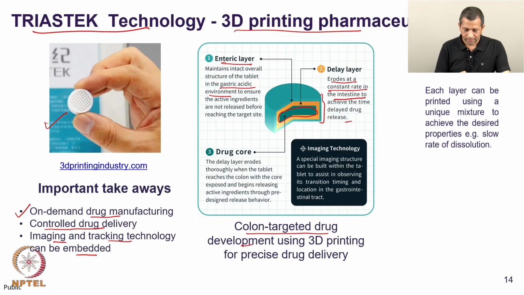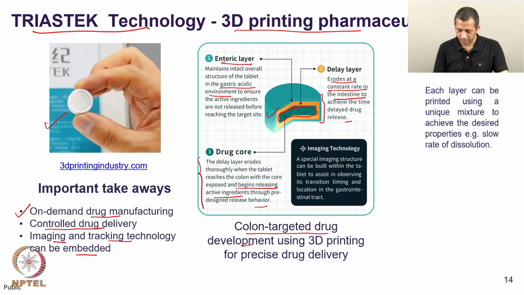By the time drug reaches the colon, the other 2 layers have eroded already, and only the core, which is the main drug, which needs to attack the specific areas of colon, reaches there, and it starts releasing various ingredients which are part of the core.